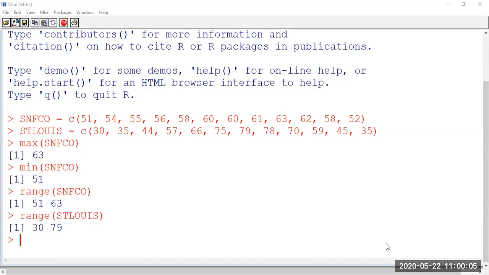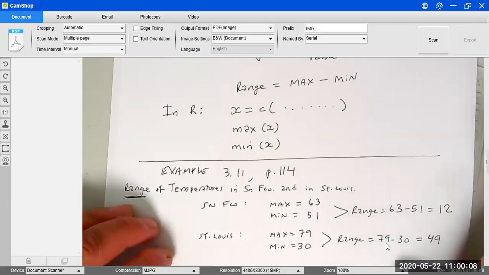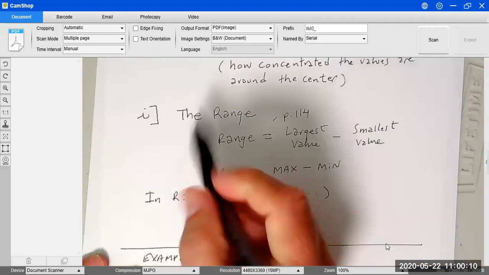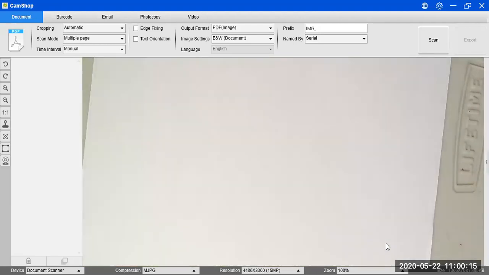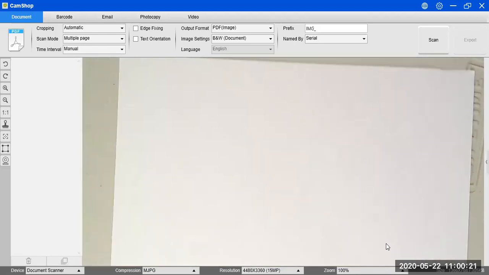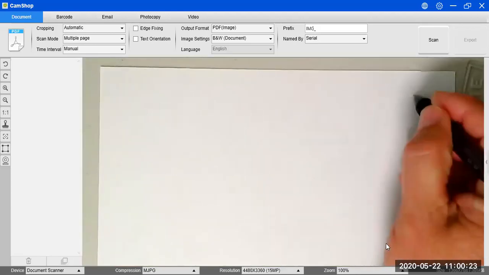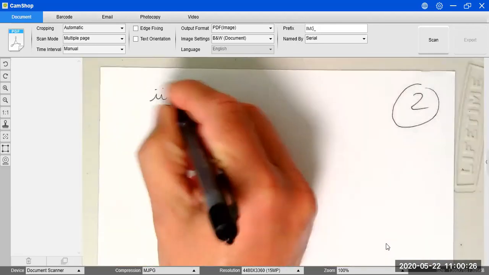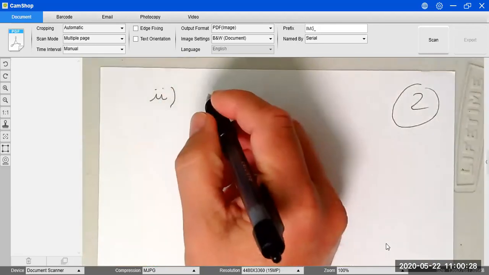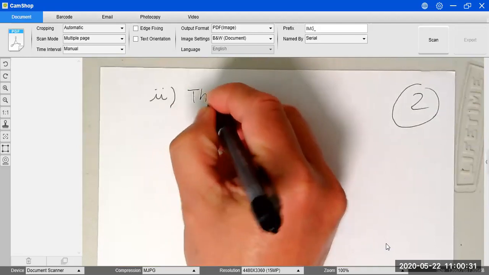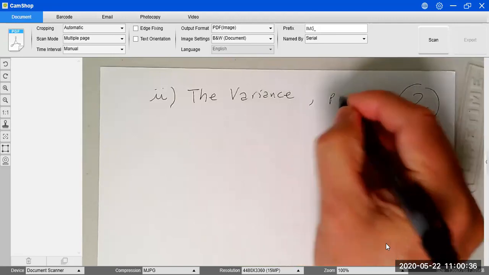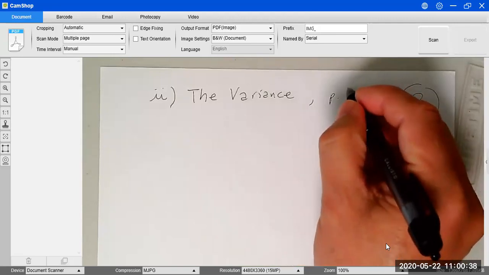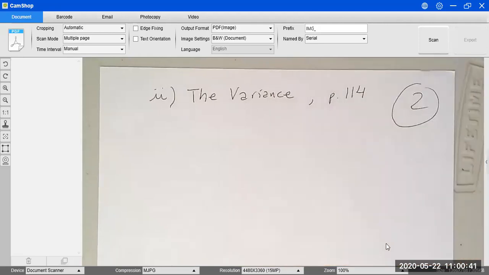Now we're going to move on and work on a different measure of spread. The range is not commonly used. There are better measures of spread, or measures of variability. The second one, and maybe the most important one, is the variance. The variance is described on page 114.